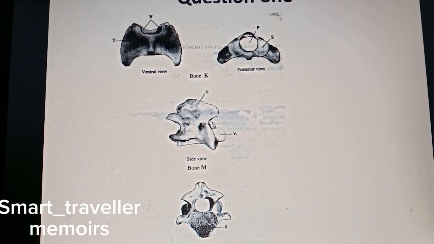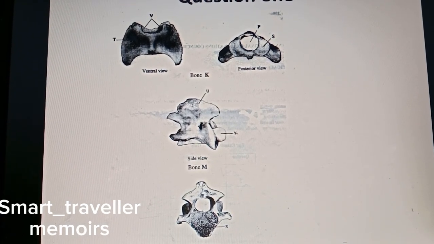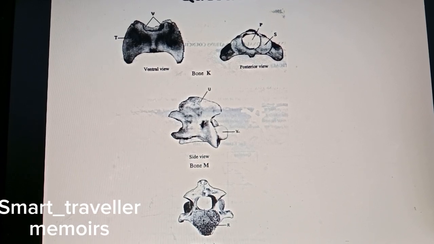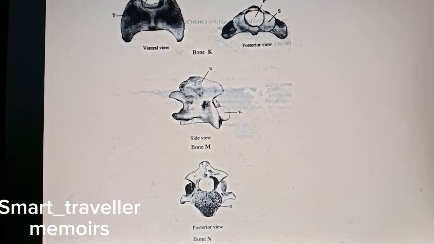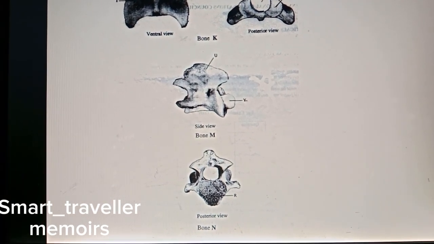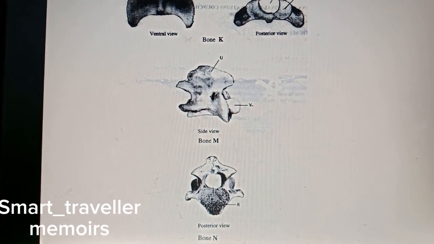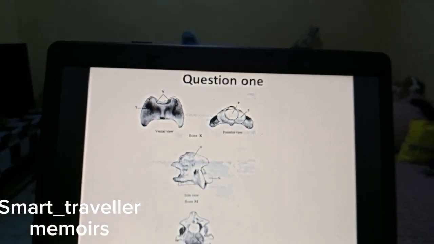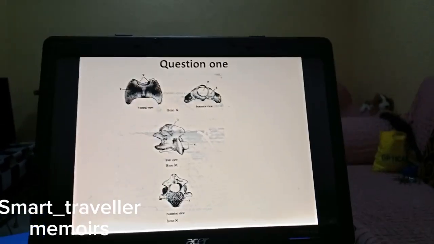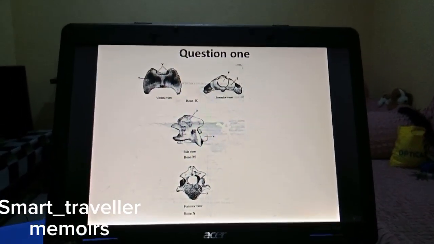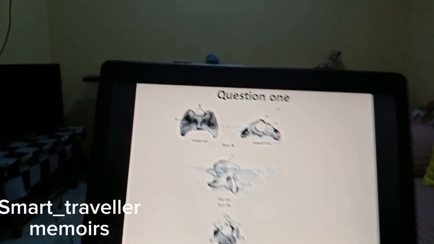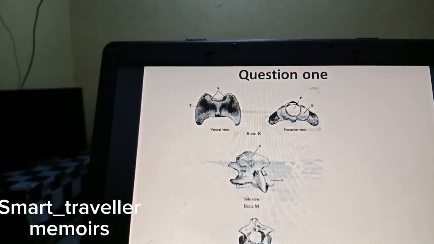That is ventral view and posterior view, while M is side view and N is posterior view. So that is the way the bones look like.